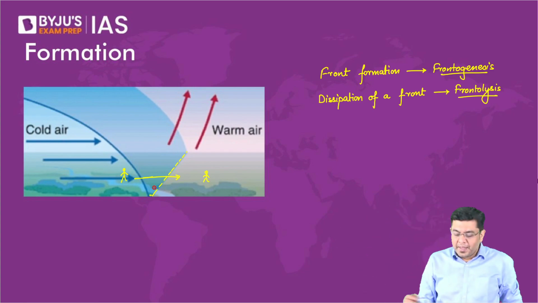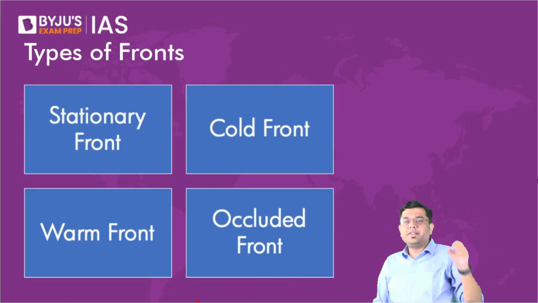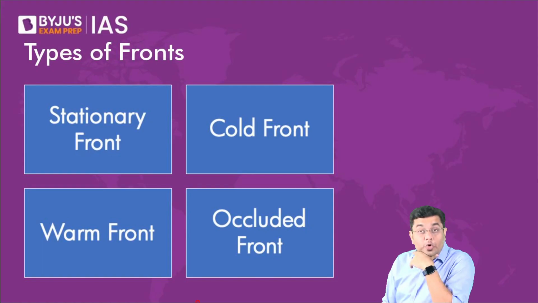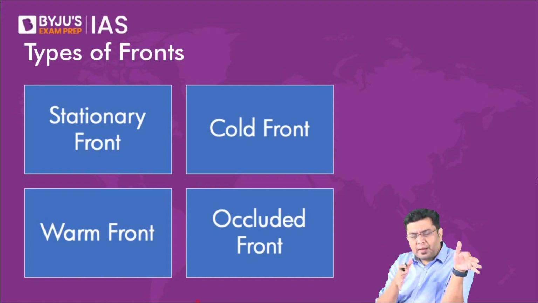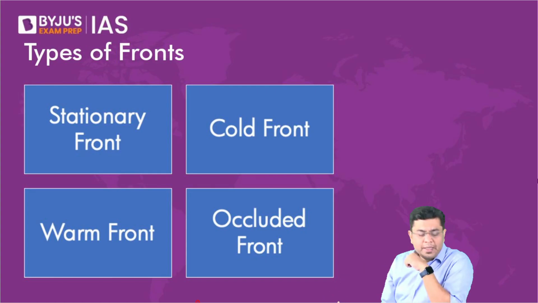Now here, when we talk about the fronts, different types of fronts are present: the stationary front, the cold front, the warm front, and what is also referred to as the occluded front. So when we talk about the types of front, it basically represents the different conditions where we have cold air on one side, warm air on the other.